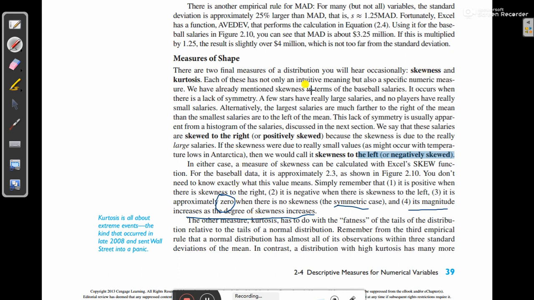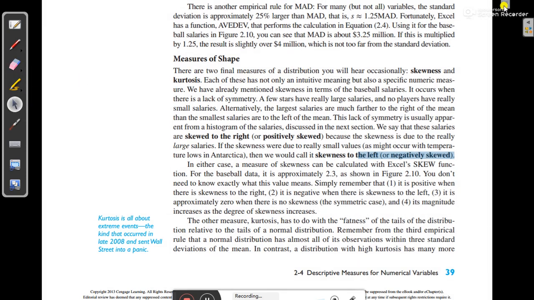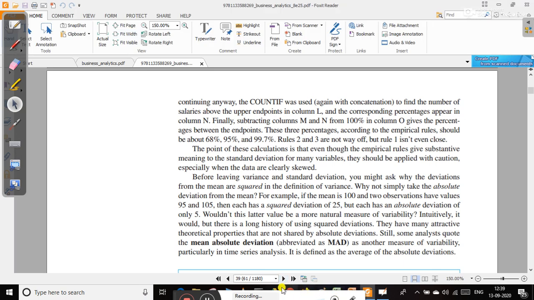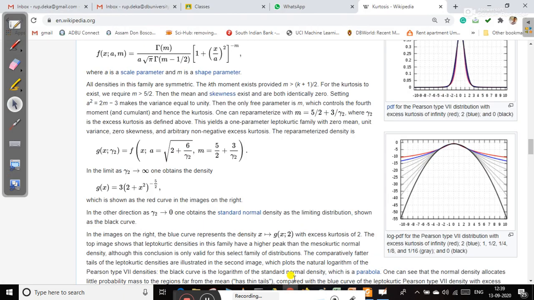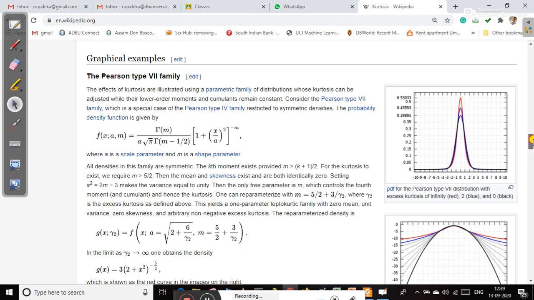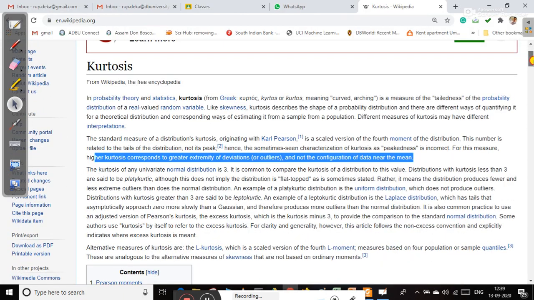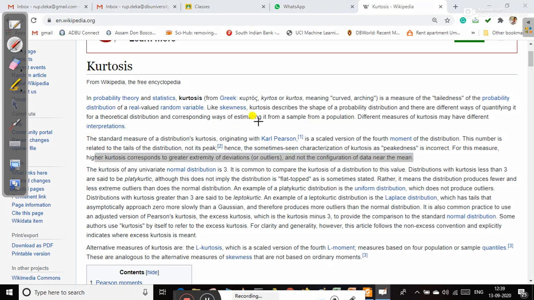And next, there is another term, that is kurtosis. Here you can see what kurtosis means.